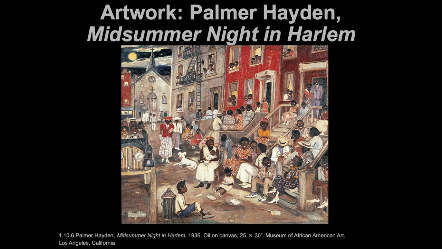It came out of Harlem in upper New York City, but it did affect some other areas of the country as well. This is our Palmer Hayden painting depicting what looks like a street in Harlem, and this is his locality.